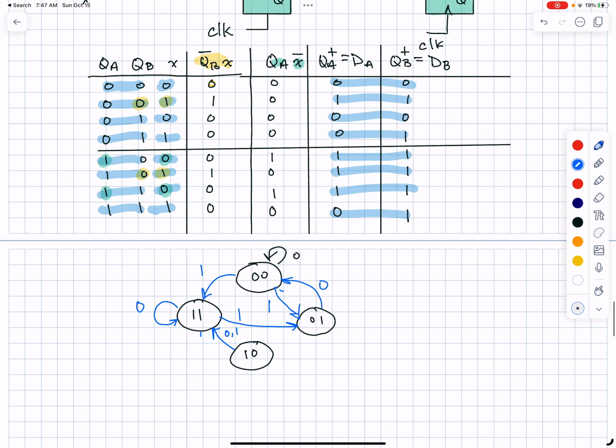It's easier if you put QA and QB together, followed by the input, so you can tell what happens at each state. In other words, you start at 0 0, look at both conditions, and figure out where the next states would be. That's how you do that kind of problem, and hopefully you'll never have trouble with that kind again.